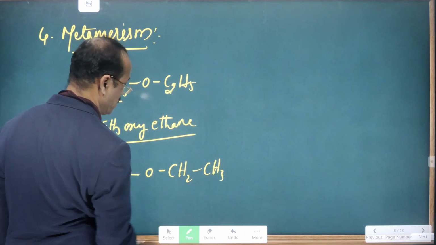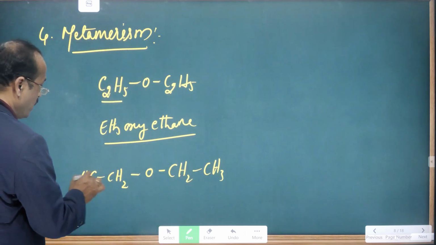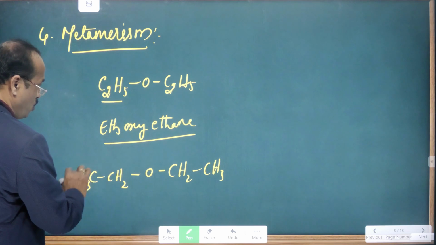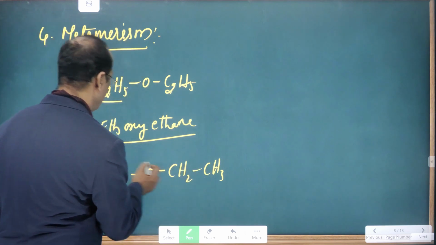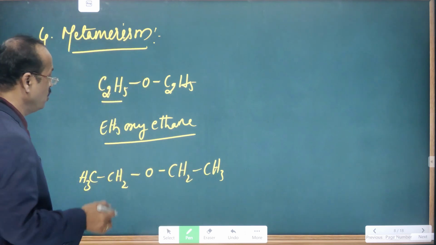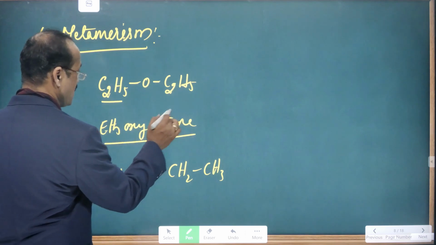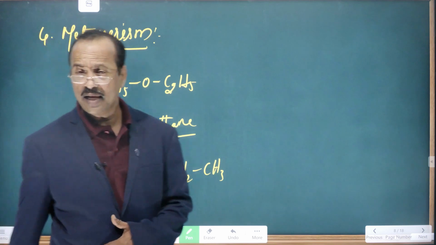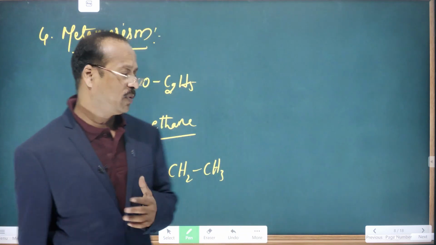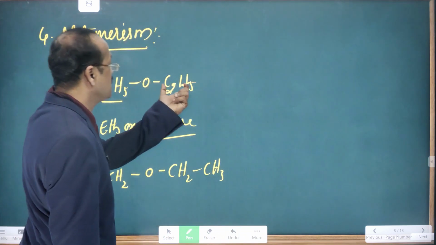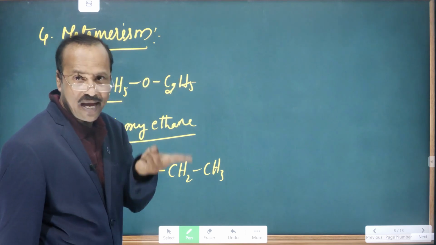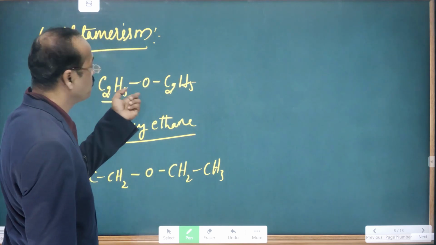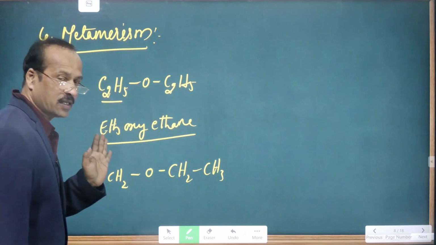So there are 2 carbons on either side of the oxygen. This is called ethoxyethane, otherwise we can also call it diethyl ether. Why? Because these are 2 ethyl groups, called diethyl, and this functional group is called ether, so diethyl ether.